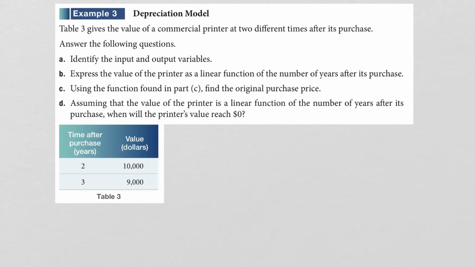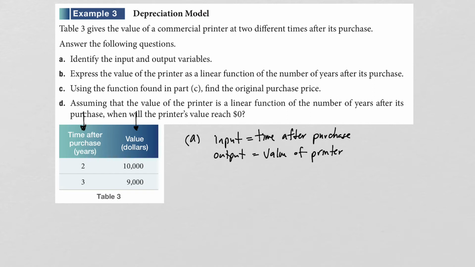Okay, that's relatively straightforward. The input variable is going to be your first variable here. So input is going to be time after purchase. And the output variable will be the other variable here, which is the value of the printer in dollars, and the time was in years.